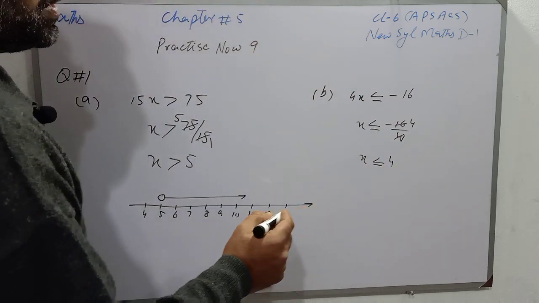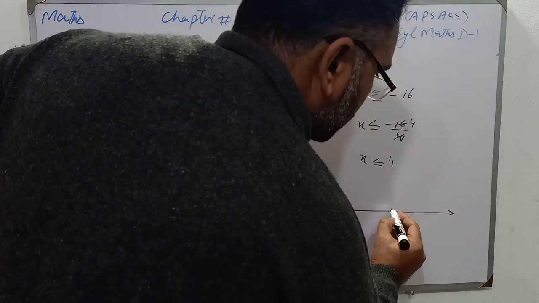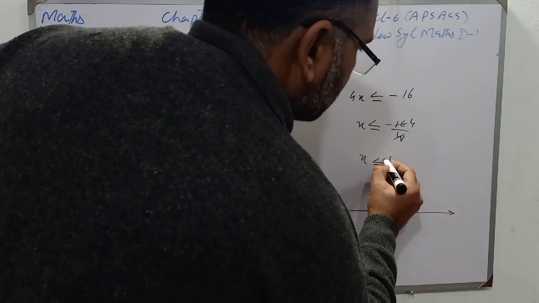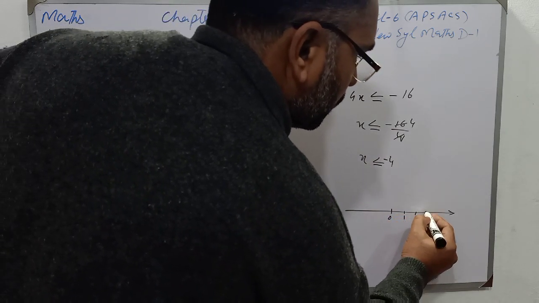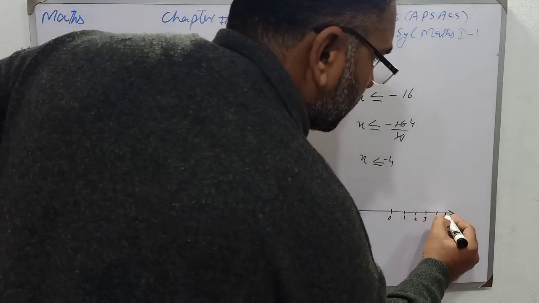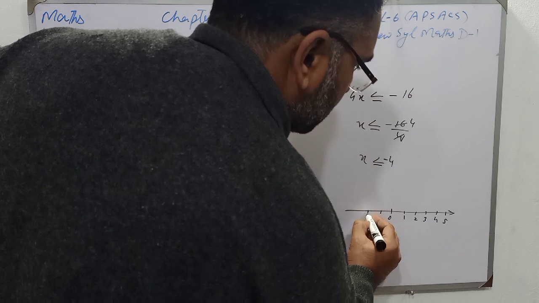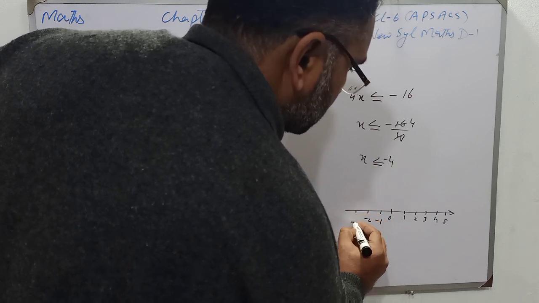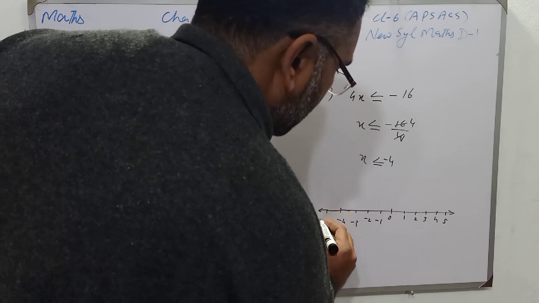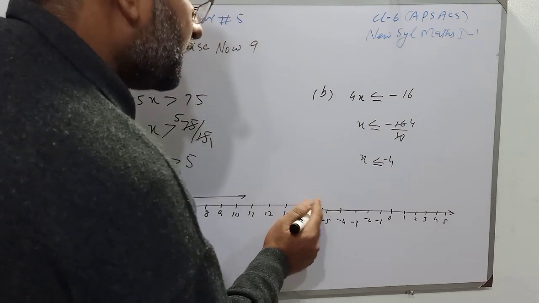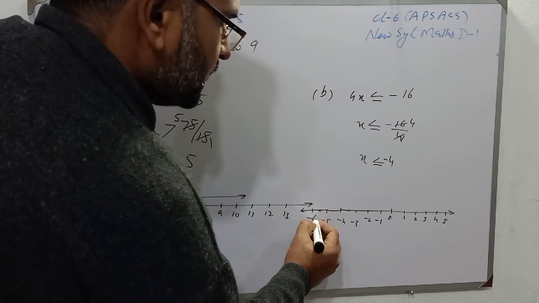Now students, again we will draw the number line as 0, 1, 2, 3, 4, 5 and on the left side it will be minus 1, minus 2, minus 3 and then minus 4, minus 5, and it is going on to the left side, and minus 6.